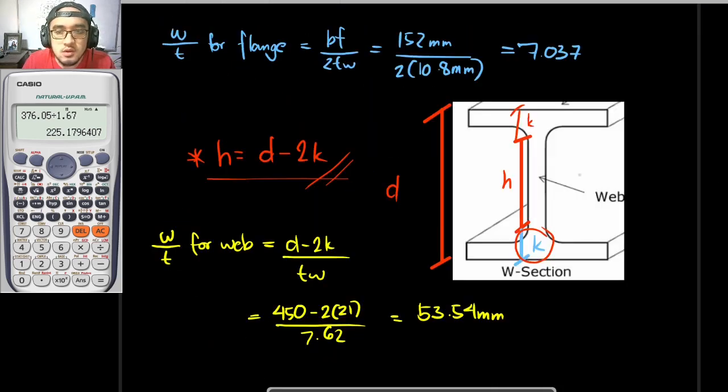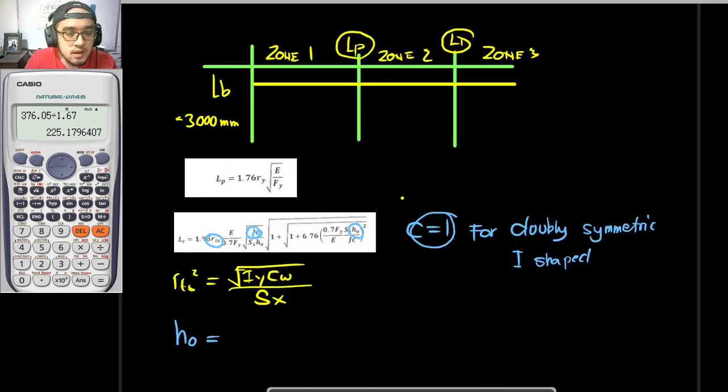If we consider this figure earlier, your HO is this line right here, from the centroid to the centroid of our flanges. So HO is equal to the depth D minus the thickness of the flange divided by 2 times 2. Ultimately the 2 would cancel out, so that is just D minus TF.